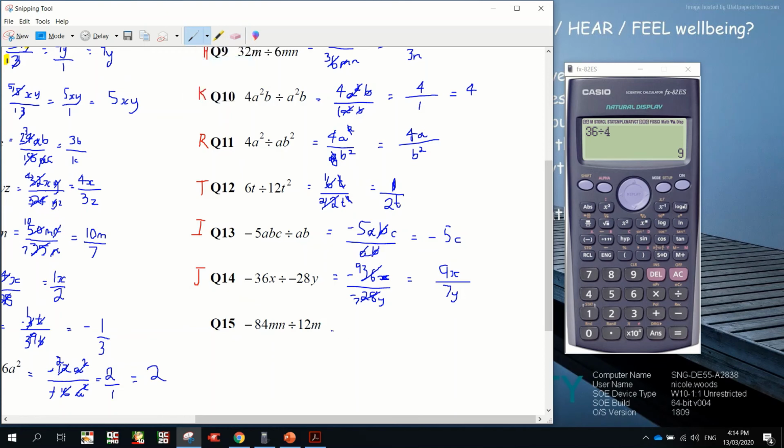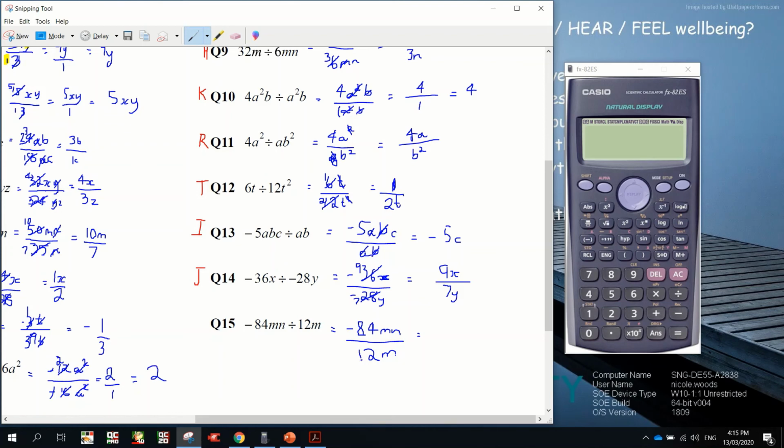Blue pen equals -84mn divided by 12m. Okay, so our highest common factor there, if we know our times tables, we'll see straight away that 12 goes into both of those.